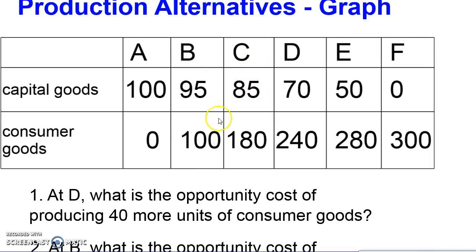Instead of your opportunity cost being 1/8, going from 100 consumer goods to 101 consumer goods in between points B and C, in between points C and B, going from 85 capital goods to 86 capital goods, you're giving up 8. So 1/8 in capital goods per consumer good, 8 in consumer goods per capital good.